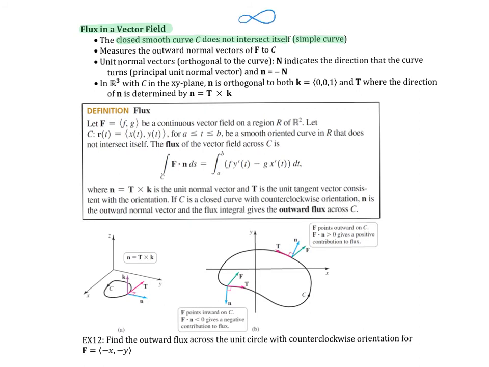So you can't have that. It has to be a simple curve, meaning it's closed, smooth, has a direction, but doesn't intersect itself. So again, when we measure flux, we just measure all the outward normal vectors.